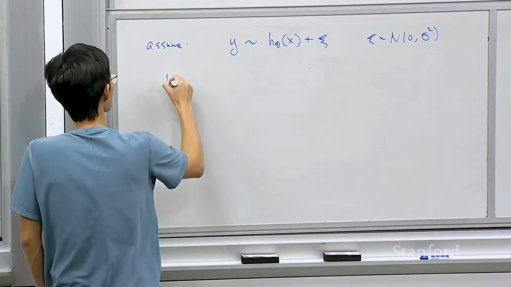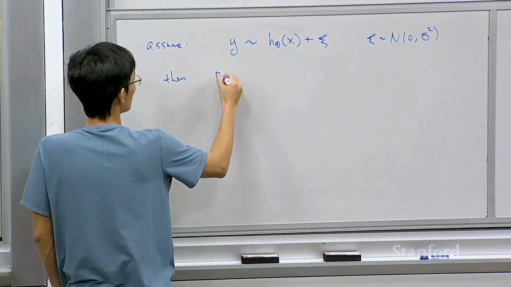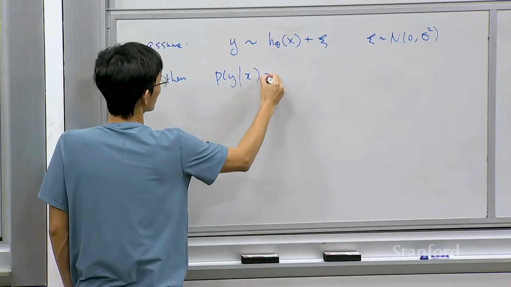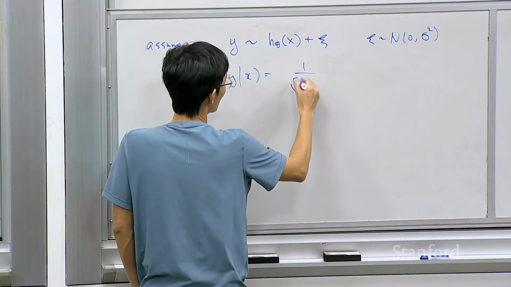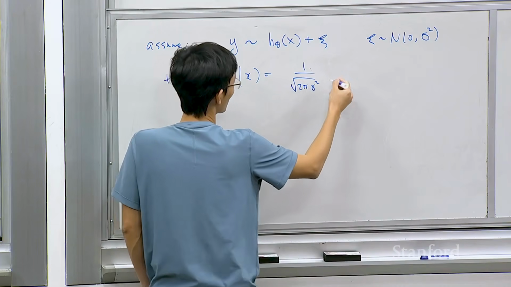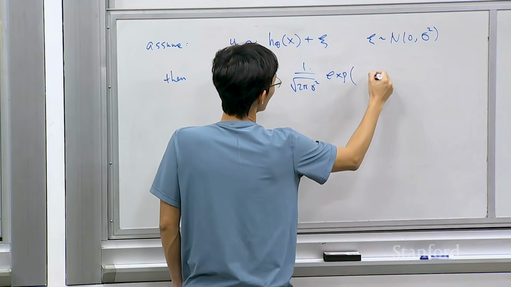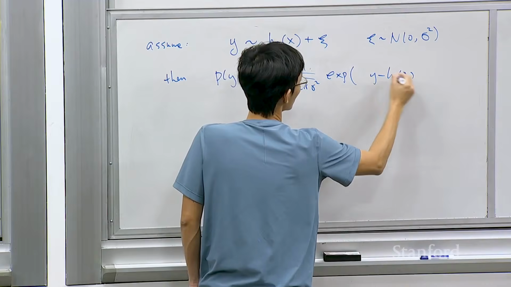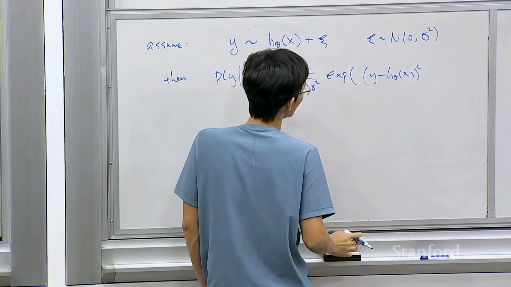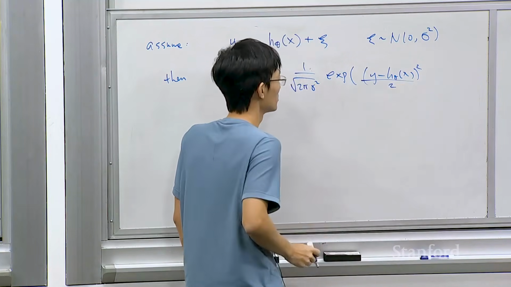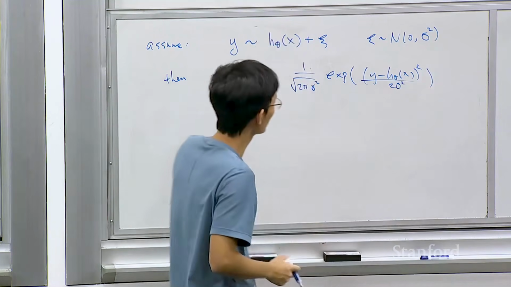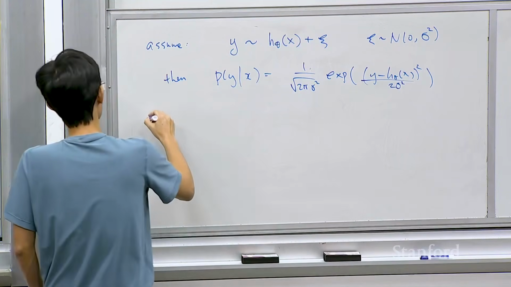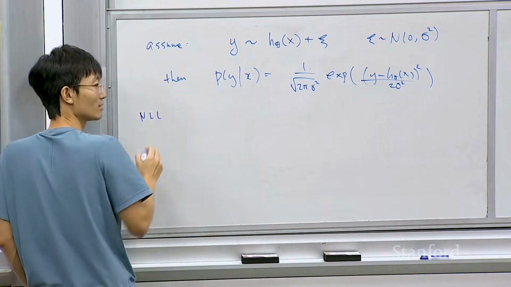Then the likelihood of y given x is something like 1 over, I guess this is challenging my memory, exponential of minus (y minus h_theta(x)) squared over 2 sigma squared. And then you take the negative log likelihood.